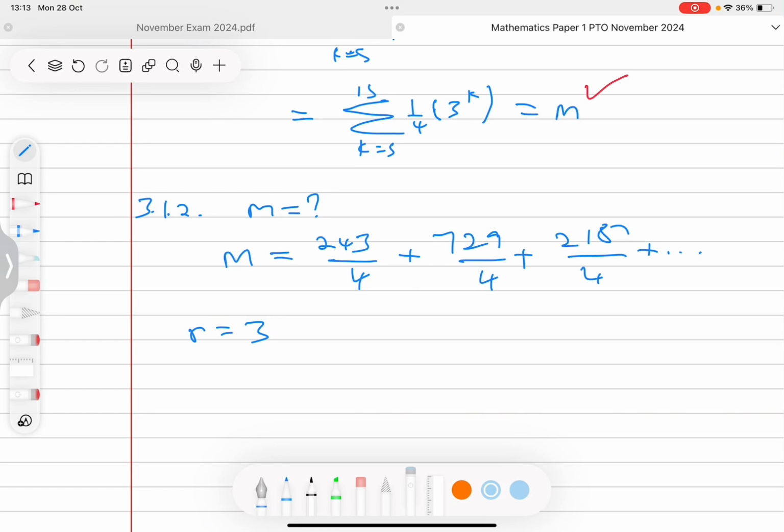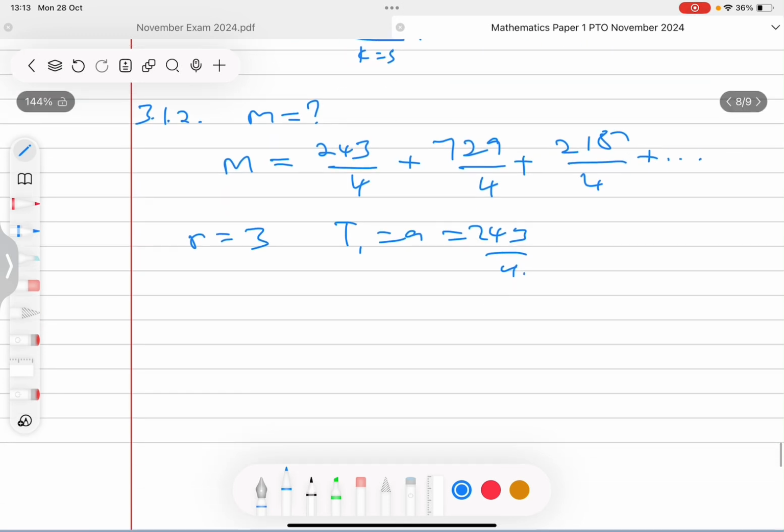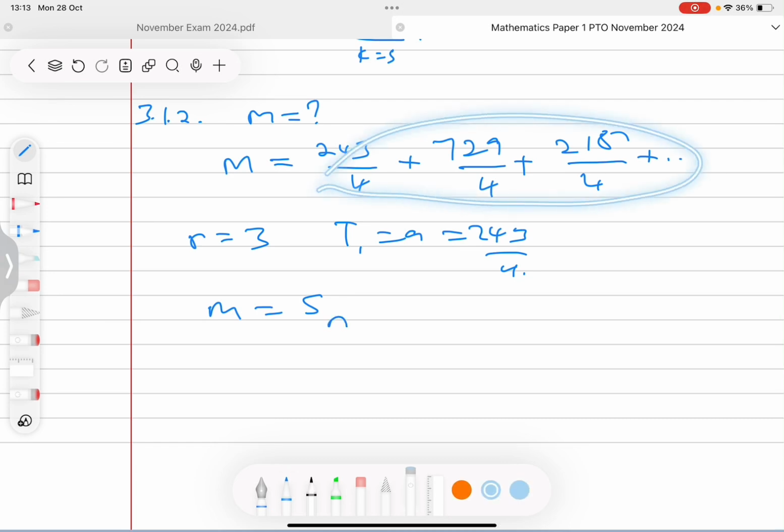And of course we can see that our first term, our T1, which is a here, is given by this guy here, which is 243 over 4. Now I can then come and say M is the same as Sn, because we are adding terms here, and we can see that this is a geometric sequence.